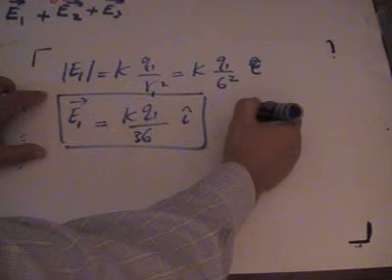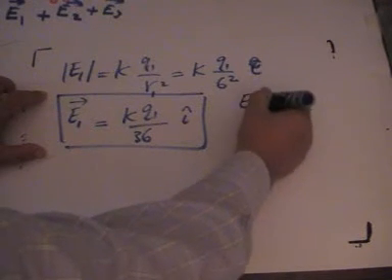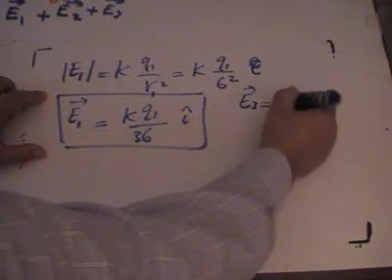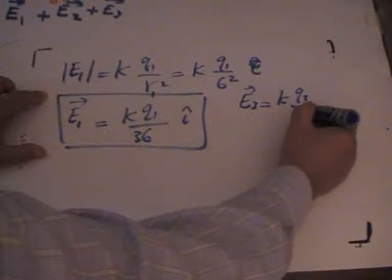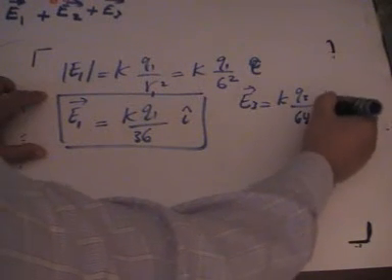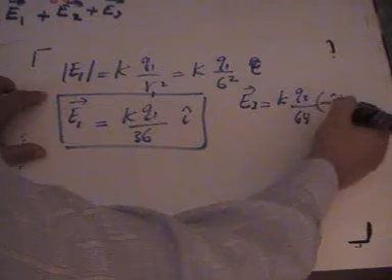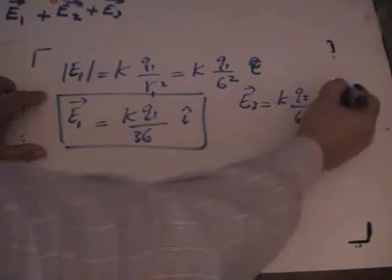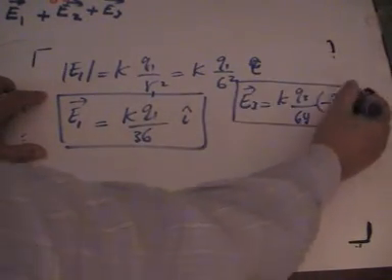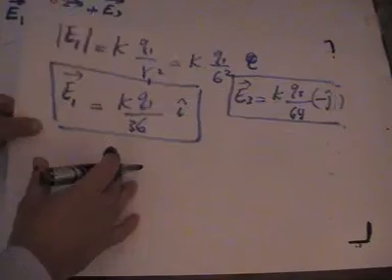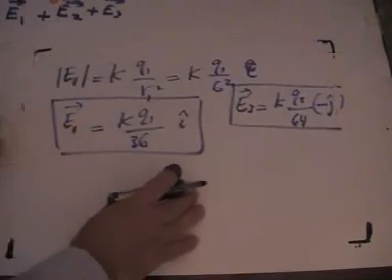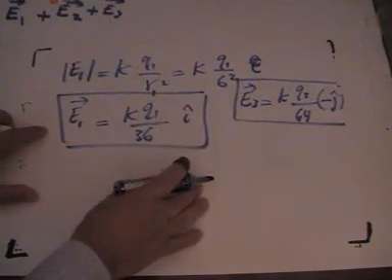The third field, again, is easy. So E3 will be equal to K Q3 divided by the distance, which is 8 square, which is 64, and it's minus j hat. So it's along the direction of minus j hat. So these are my 2 vectors. As I said, the only vector that you may say is a little bit challenging is E2.